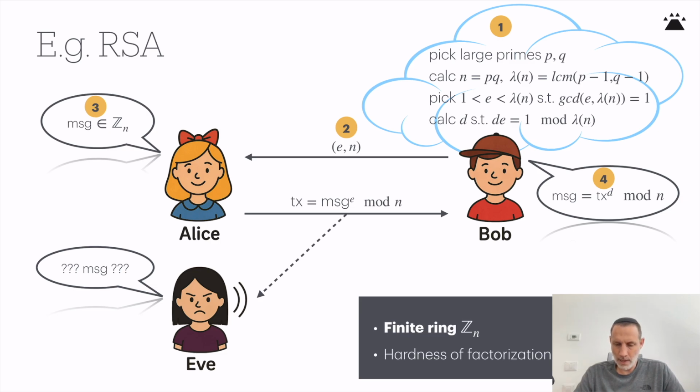And RSA actually builds on this finite ring whose size is a multiple of 2 primes. It's a different structure, but again, it uses arithmetic within this finite ring to achieve the secrecy.